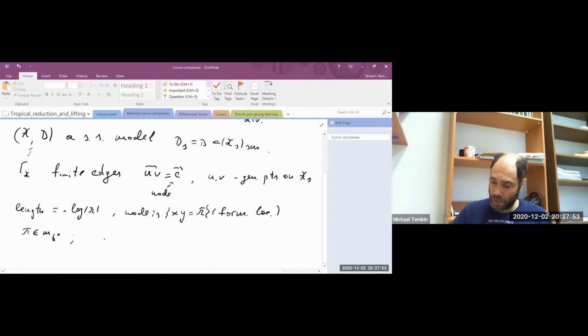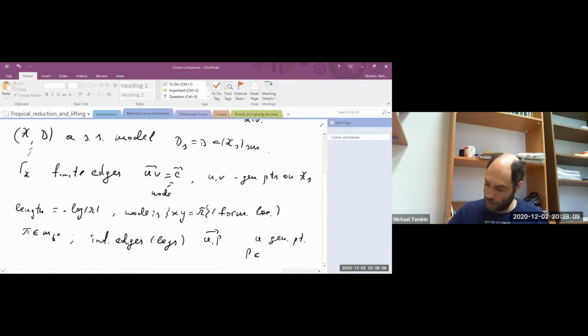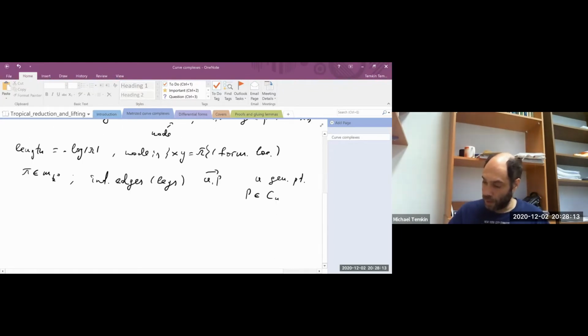Also, we have infinite edges called legs. We form UP. This time U is a generic point, and P on the component of U is a marked point. Yeah, it contains the divisor. And okay, the length of such an edge is infinite.